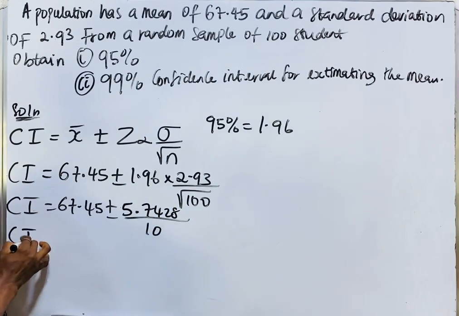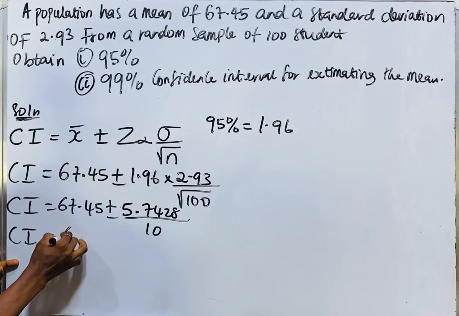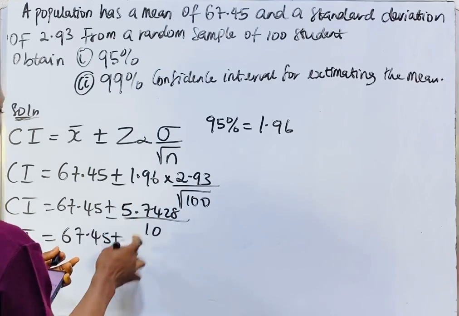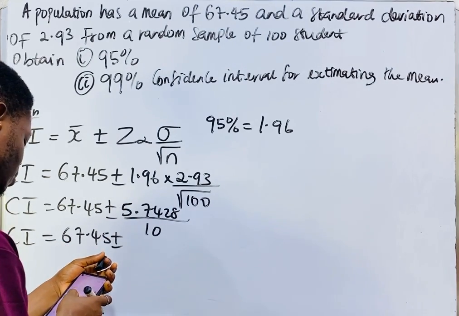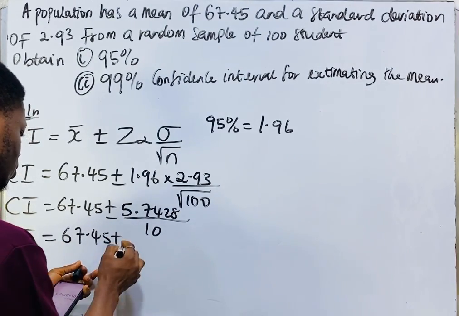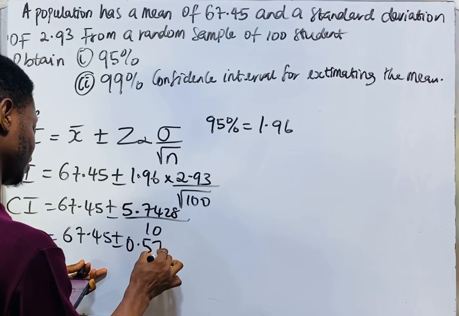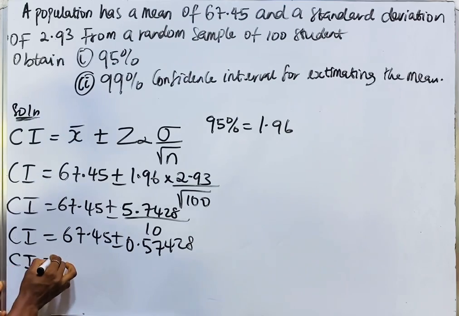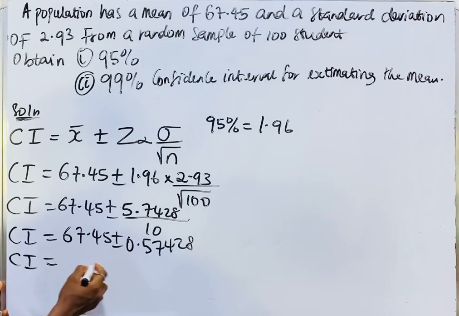So the margin is 5.7428 divided by 10, which is 0.57428. So we are going to do for plus and we do for minus.